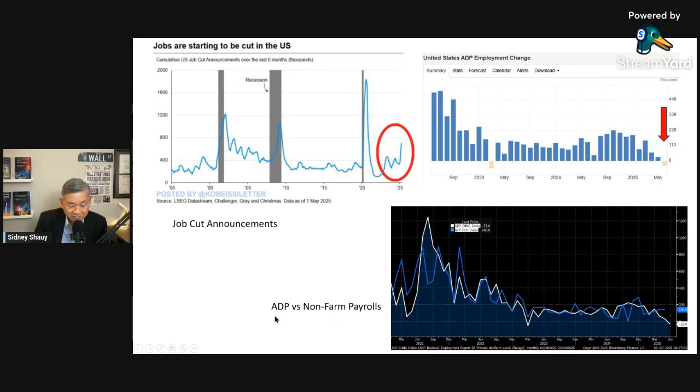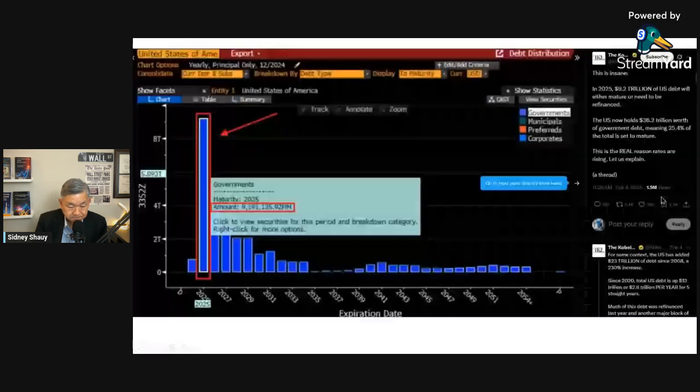ADP usually comes a day or 2 days before, so we can have quite an idea. They don't match exactly, but the ADP just comes a little earlier, with a lagging effect for non-farm payrolls that will follow it. So this is not a very good sign for the economy.